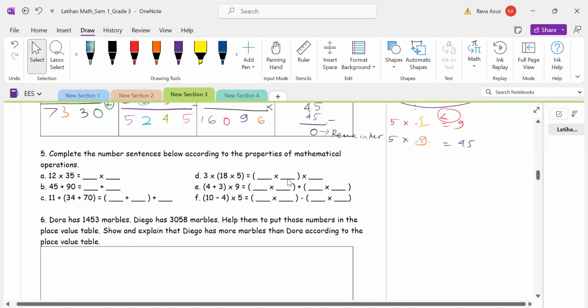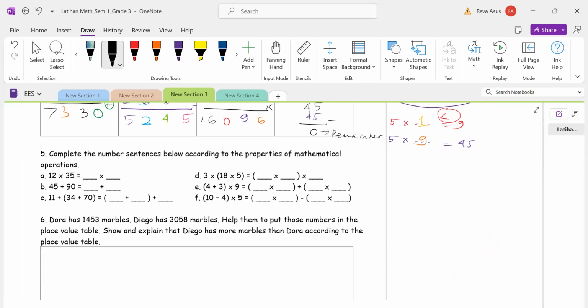And then next, number 5. A and B is the... Actually, there are 3 properties of mathematical operations. The first, it is the... What is it? Associative, distributive, and then... Wait, I forget.